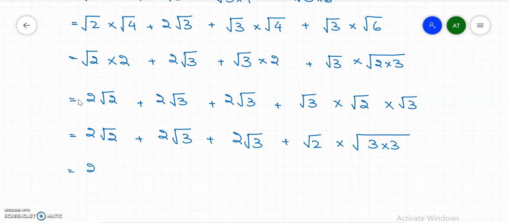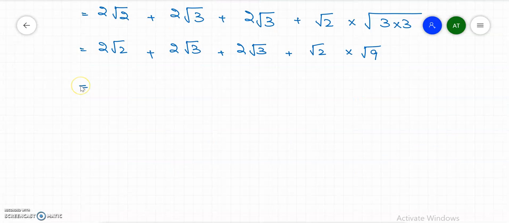We have 3 times 3 equal to 9, and square root of 9 is equal to 3.